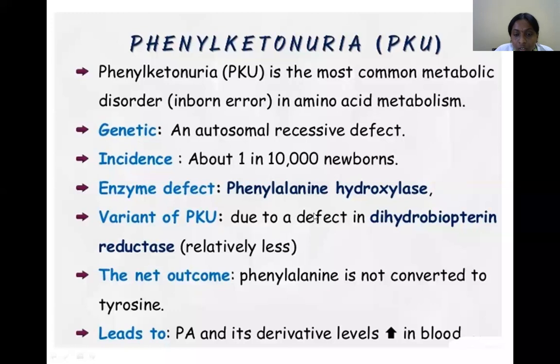A variant of phenylketonuria is mainly due to a defect in dihydrobiopterin reductase. The net outcome is that the phenylalanine is not converted to tyrosine, so phenylalanine and its derivative levels are increased in the blood, and its metabolites are excreted in urine in a large amount. Hence the term phenylketonuria.